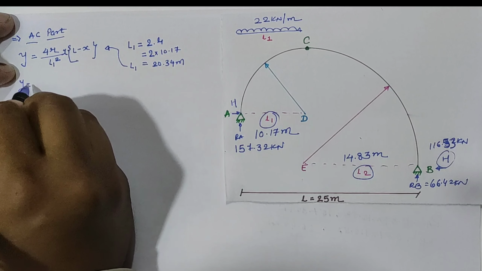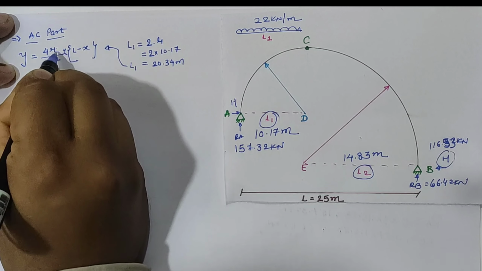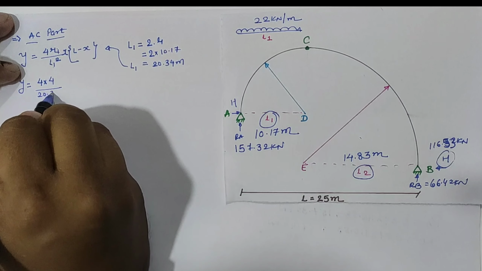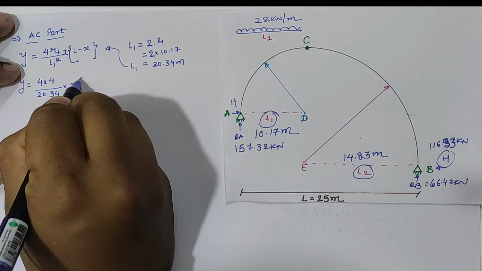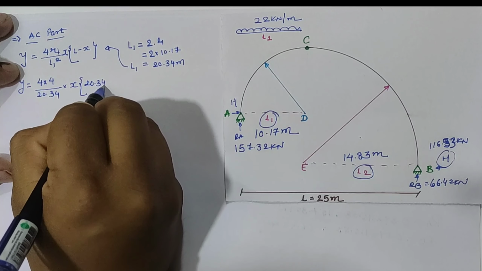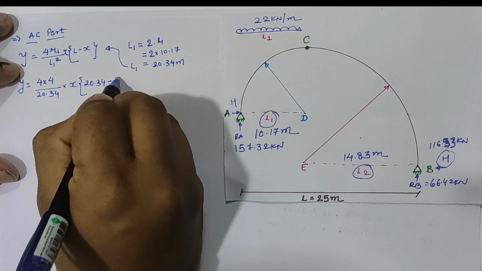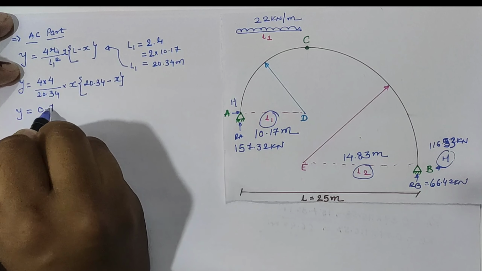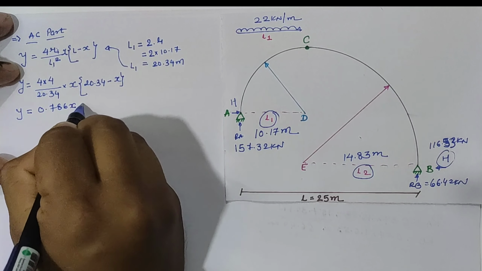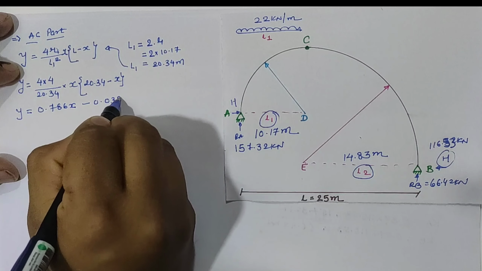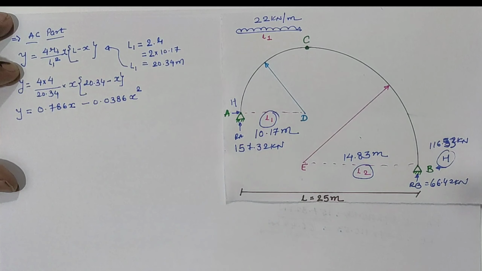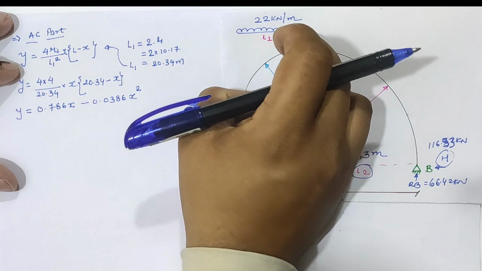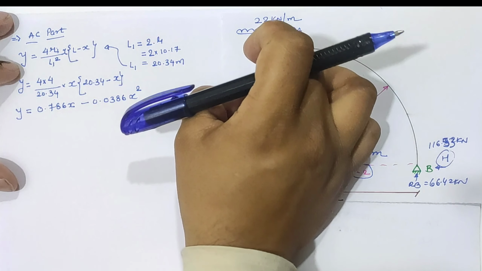Hence our y value is 4 times r1 as 4 meter, L1 as 20.34 meter into x into 20.34 minus x. Now solving this term, we have y is equal to 0.786 into x minus 0.0386 into x square.